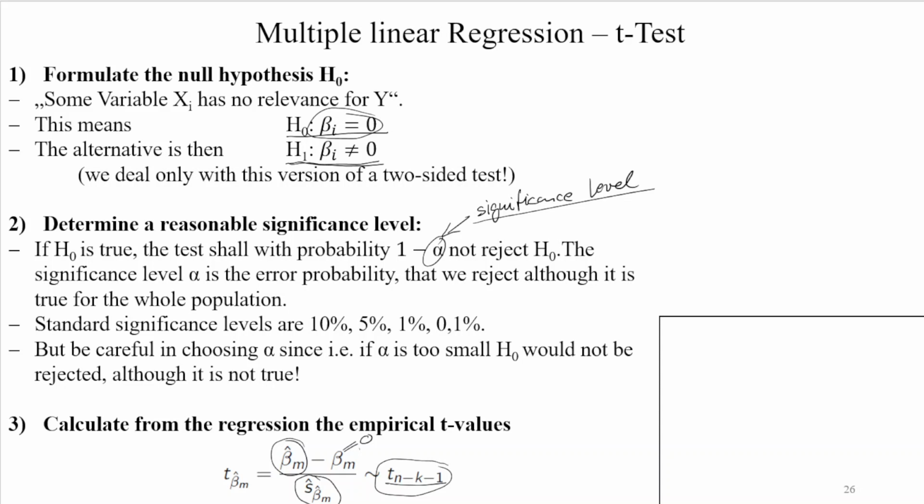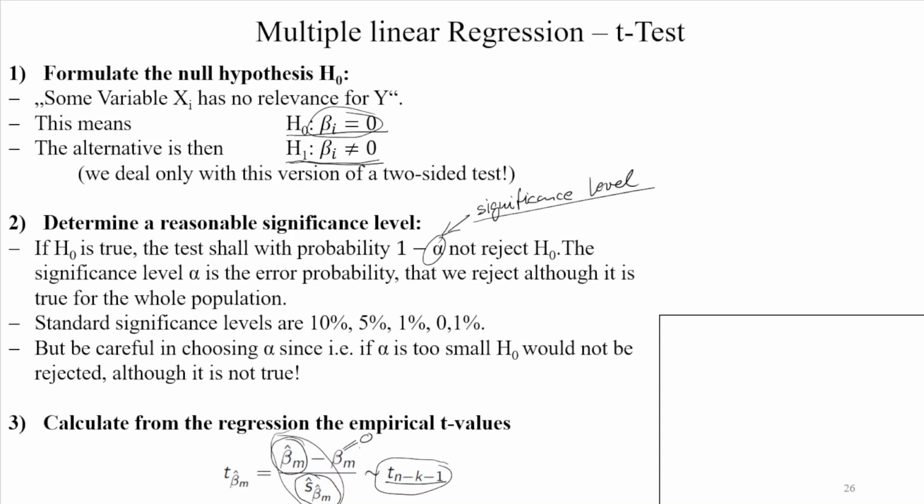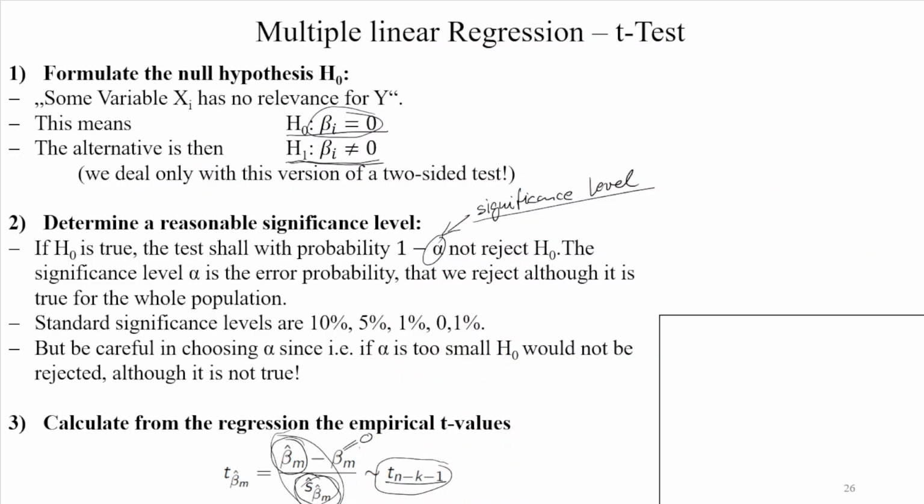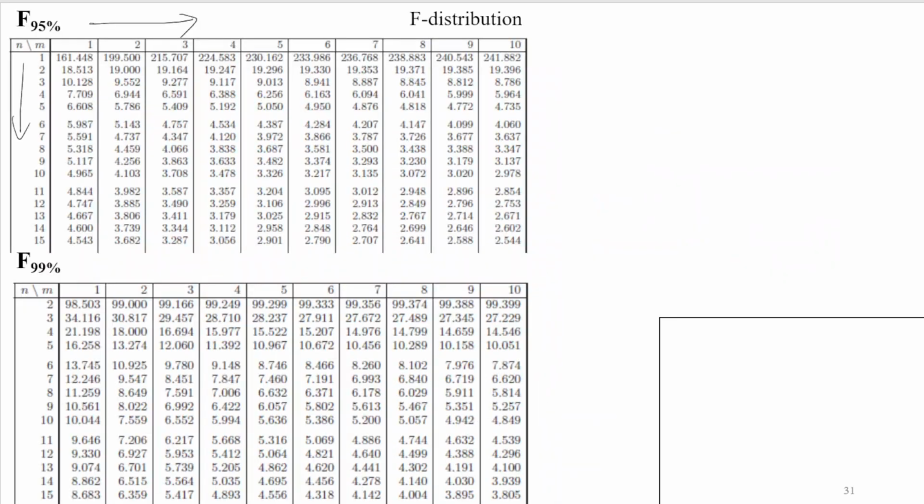And here we have to calculate the relation between our parameter 0.047 divided by the standard error, as beta m. So then we are going back here.